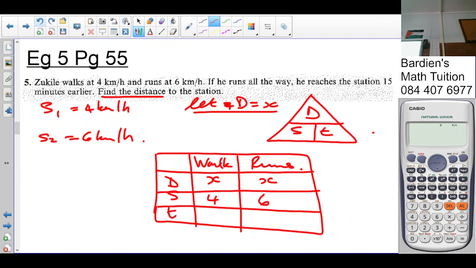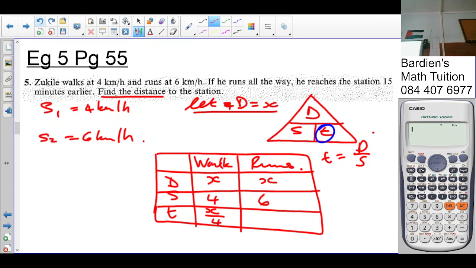So in terms of time, how would you calculate time? Time is, we close t, so t is equal to d over s. What's the distance? x over 4.